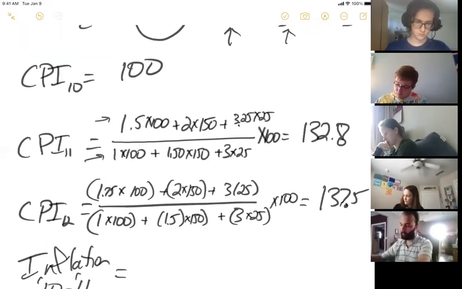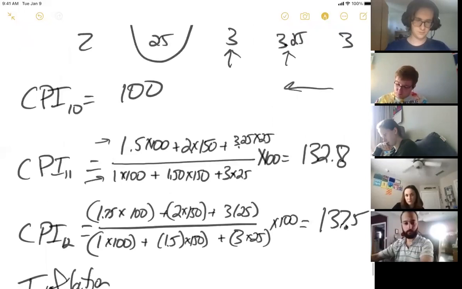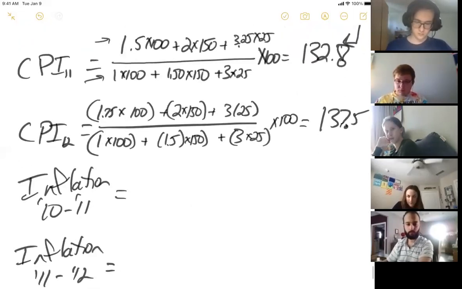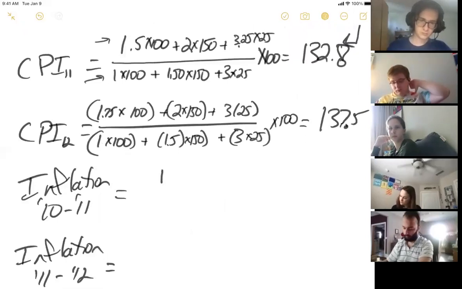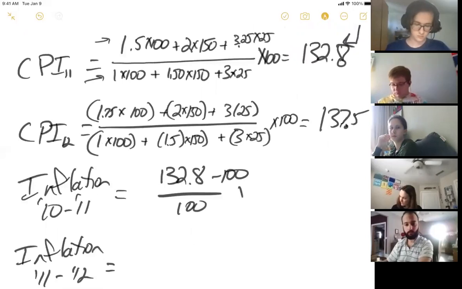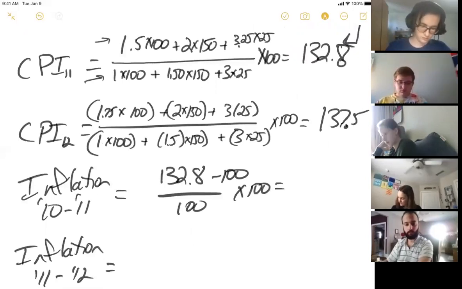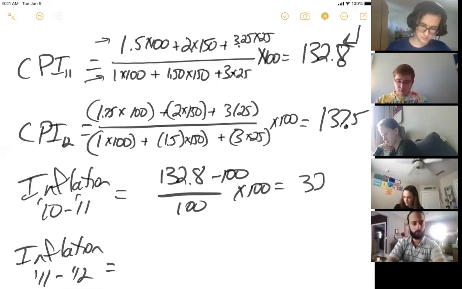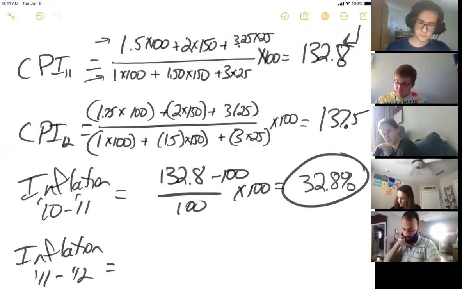We want to take the percent change between these two numbers. So we want to get the new observation minus the old, divided by the old, multiplied by 100. And you should get an inflation rate of 32.8%.